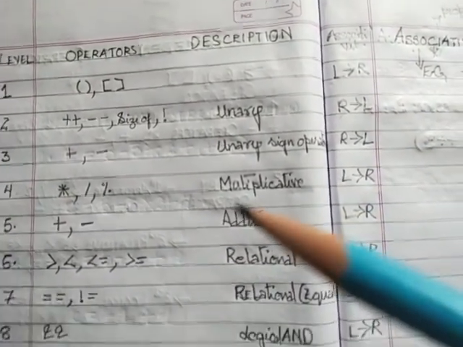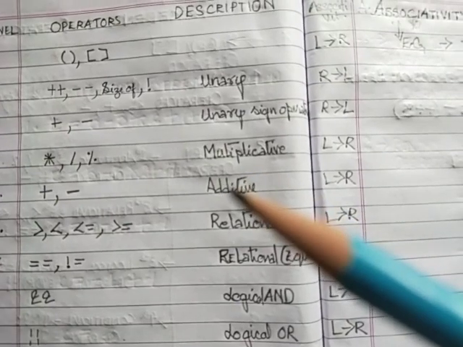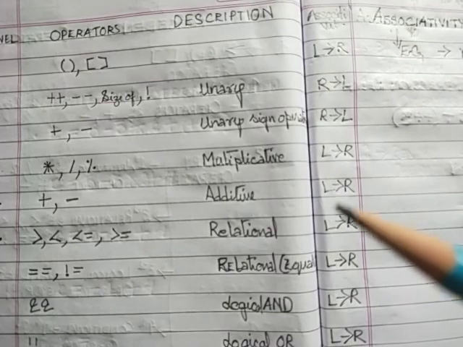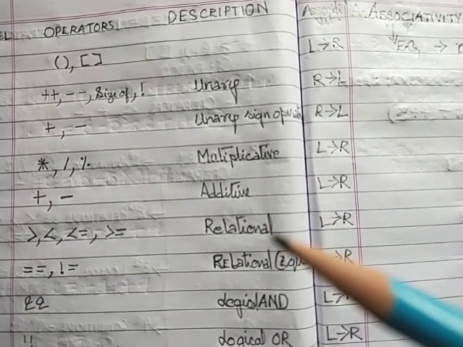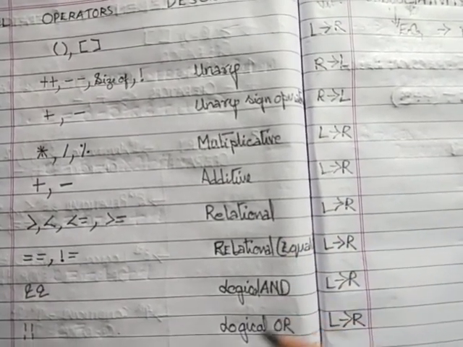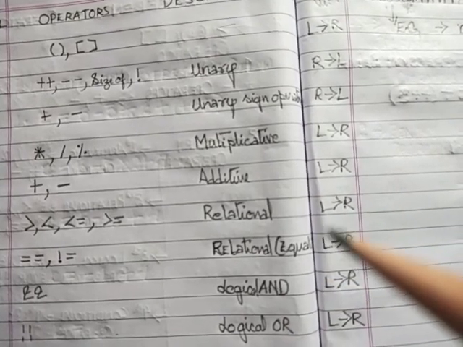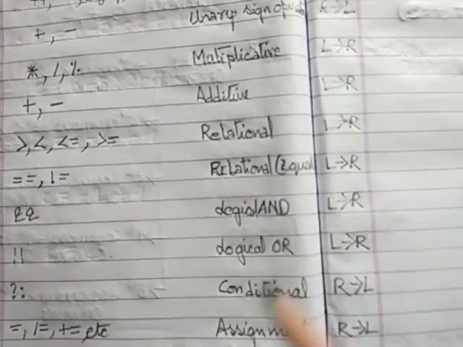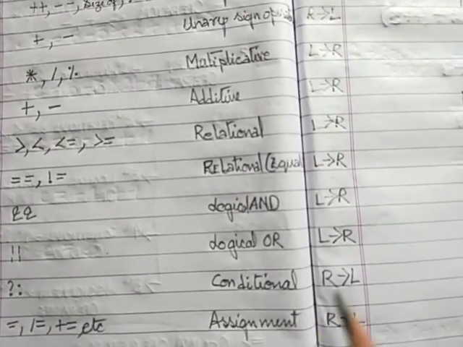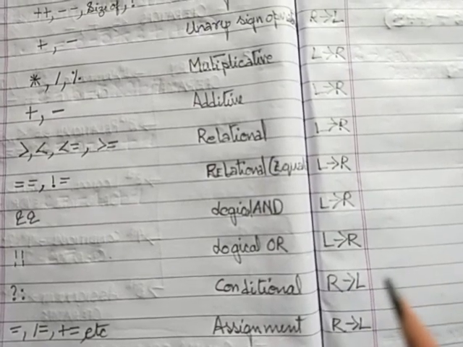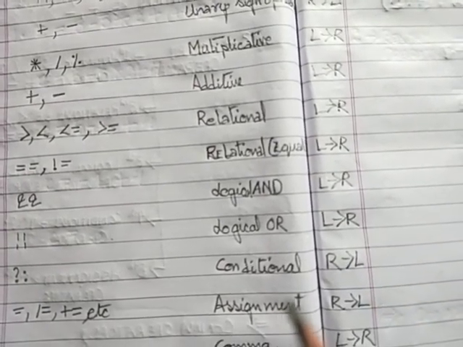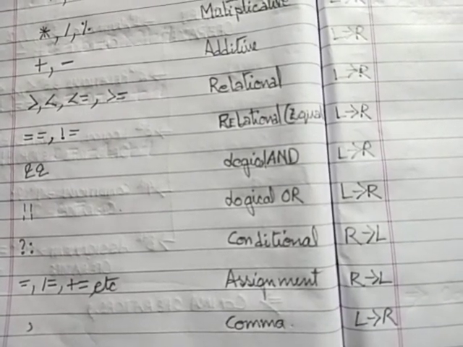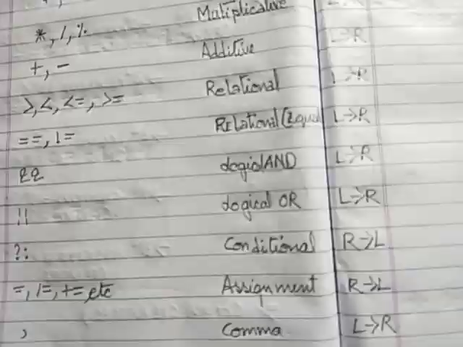Now, the multiplicative and the additive operators, the associativity will be from left to right. And the relational operators as well as logical operators, the associativity will be from left to right. But when we come to conditional operators, the associativity will be from right to left, and the assignment operator will be from right to left, and comma operator will be from left to right.